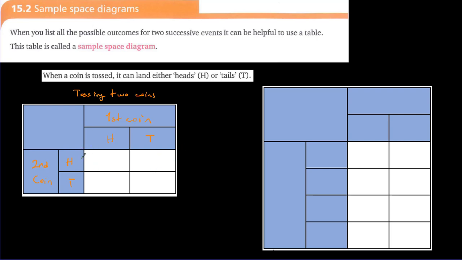Two of them head, so head and head, or one of them head and the other one tail, head and tail, or tail and head, one of them tail and the other one head, and the last one is tail and tail together, both of them tail.